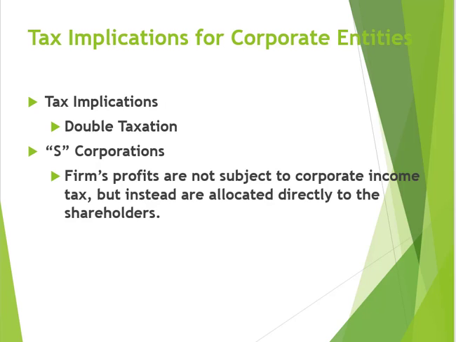One of the things I did mention a little bit earlier is something called an S corporation. The firm's profits in an S corporation are not subject to corporate income tax. They're just allocated just like a partnership. So an S corporation acts like a partnership, but since it's a corporation, the owners have limited liability. One of the other things with S corporations is that how you create them is essentially free.